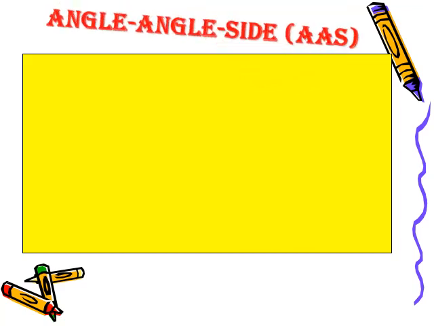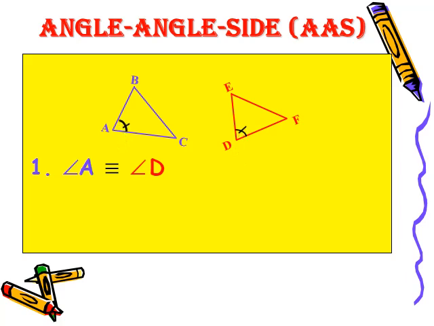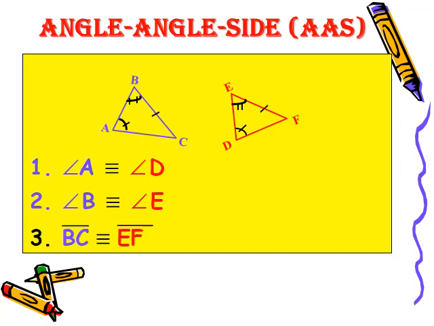The fourth case, angle, angle, side. The side is not included between two angles. For example, two triangles ABC and EFD. Angle A congruent to angle D, then measure angle A equals measure angle D. Next, angle B congruent to angle E, then measure angle B equals measure angle E. Next, BC congruent to EF, then BC equals EF.